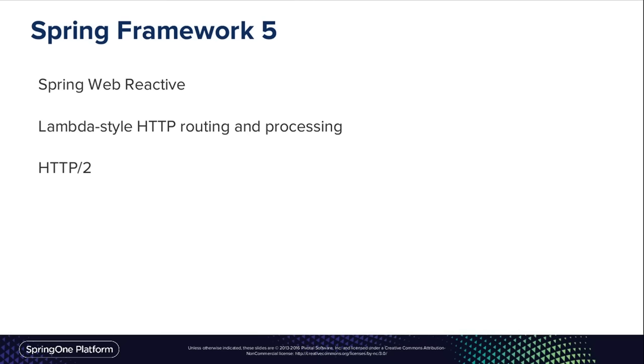So some of the early prototypes that have been created include a functional approach to taking the request and providing the response. And instead of relying on annotations and flexible method signatures, it's more in your hands. It's a more functional style.